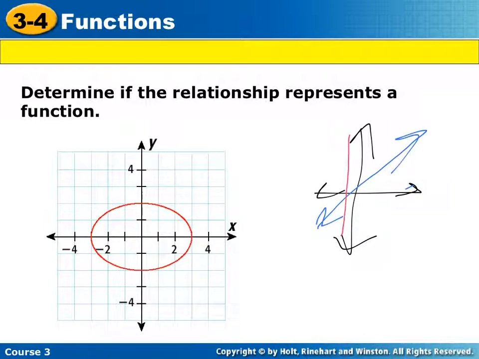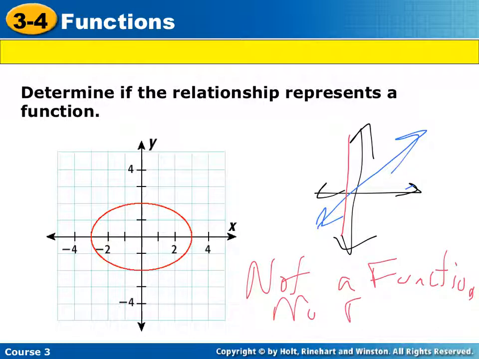If it hits one spot straight up and down every single time, it is a function. If it hits more than one time, it is not a function. So I want you to see if you can tell me if this is a function or not. The question is, is it a function? No. This is not a function.